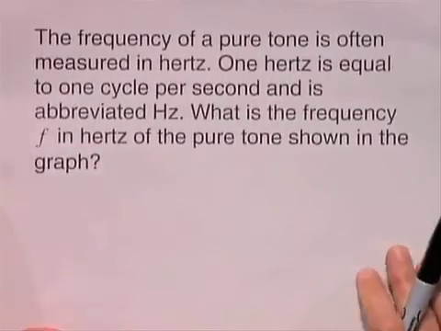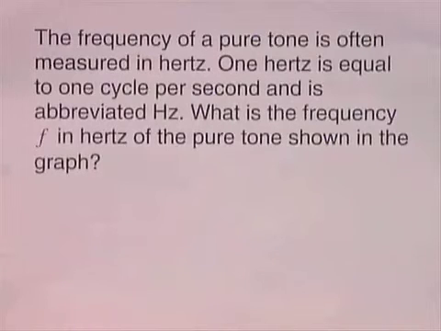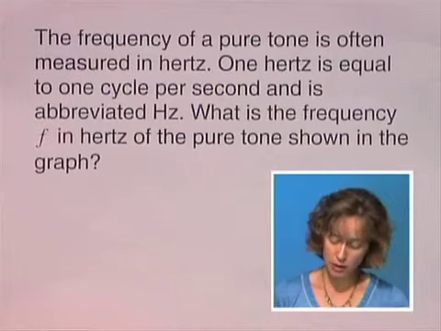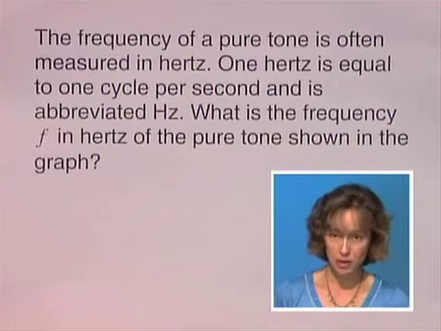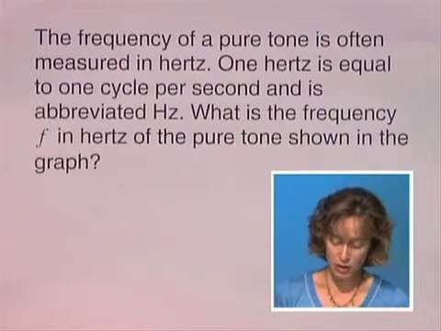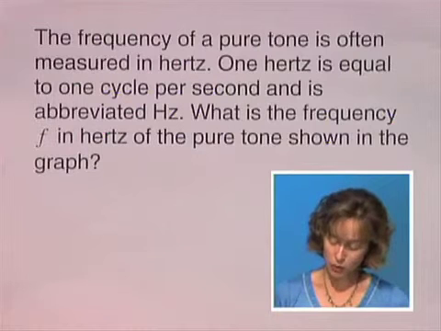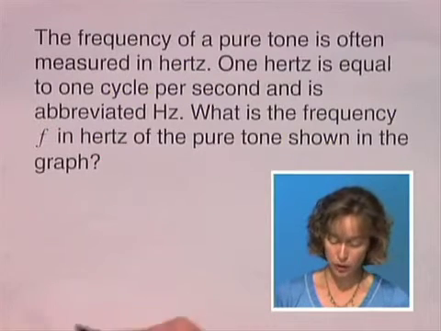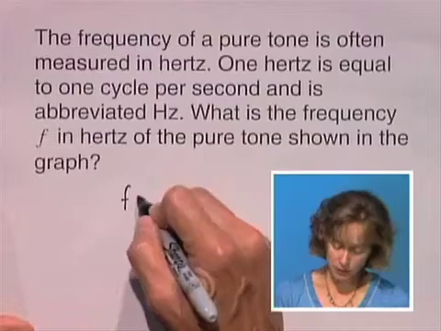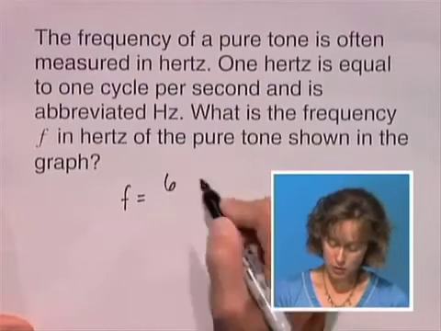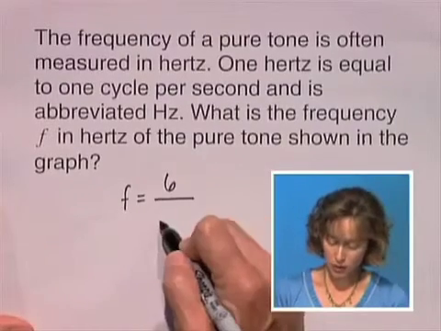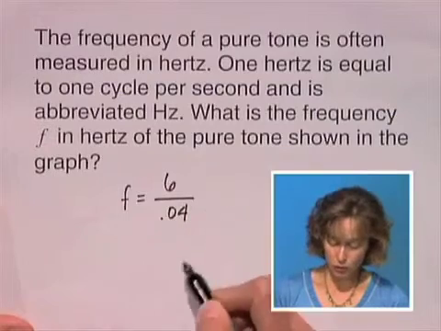Continuing, the frequency of a pure tone is often measured in hertz. 1 hertz is equal to 1 cycle per second and is abbreviated Hz. What is the frequency f in hertz of the pure tone shown in the graph? Well, to get the frequency, we take the number of cycles, 6, divided by the number of seconds, 0.04.